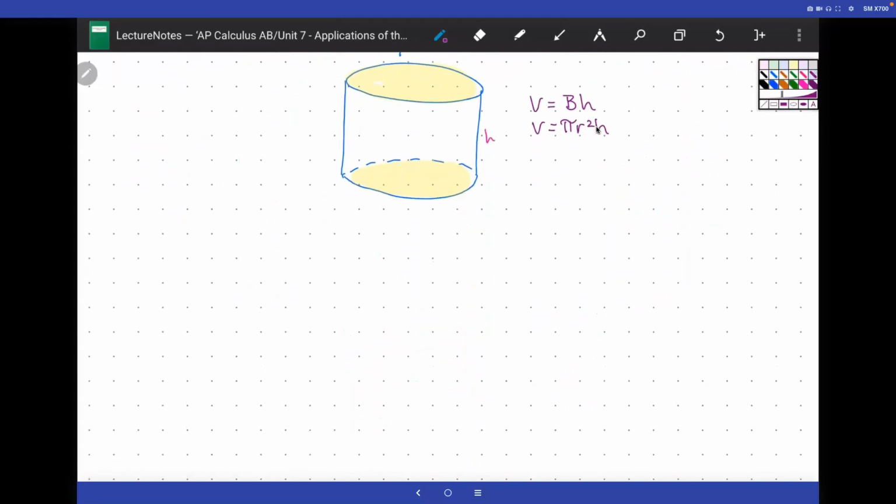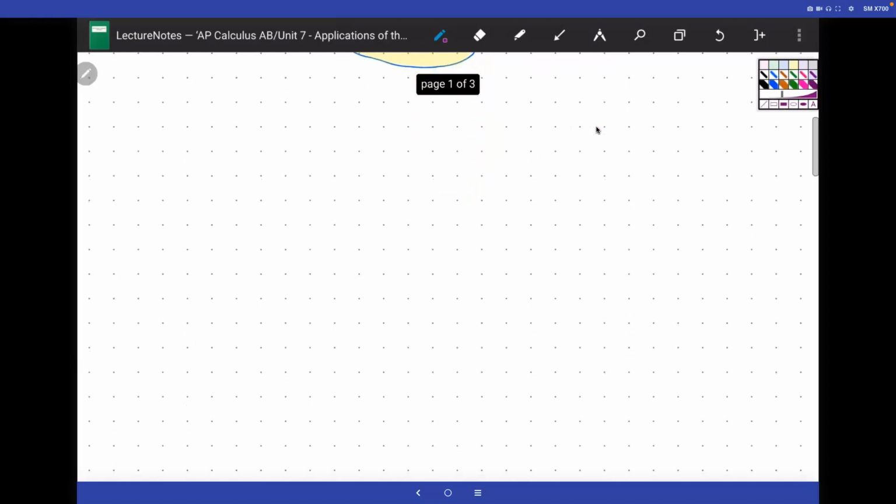All right, so now let's look at our figures. Just for ease of drawing, I'm going to draw another cylinder here.